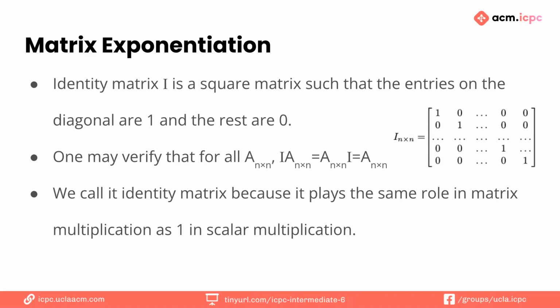And one may verify that for all n by n matrix A, AI equals IA equals A. So we call it the identity matrix because it plays the role of identity in matrix multiplication as 1 does in scalar multiplication.